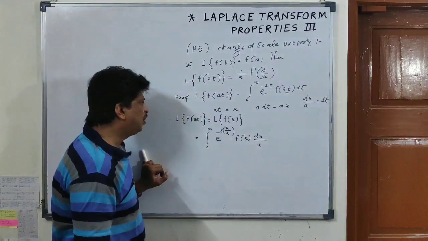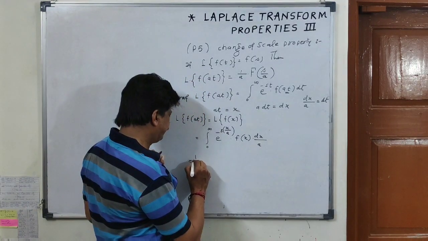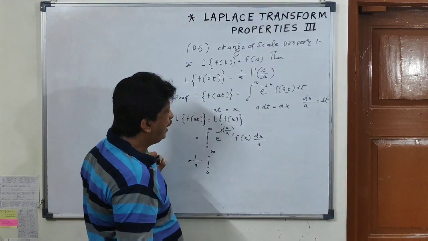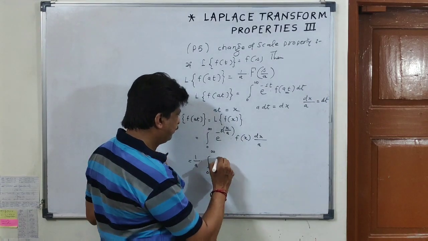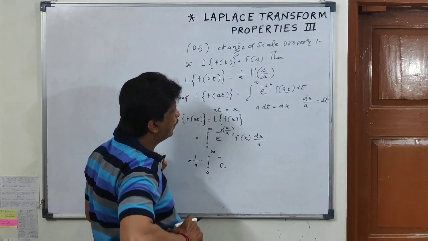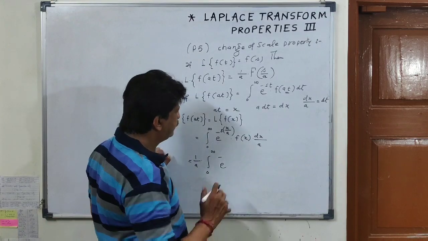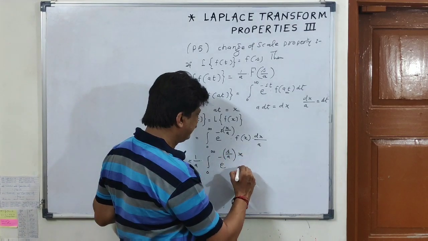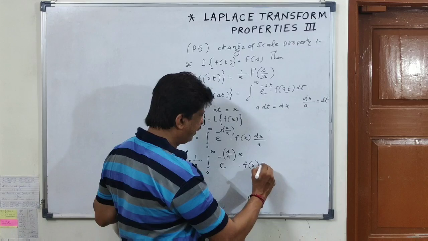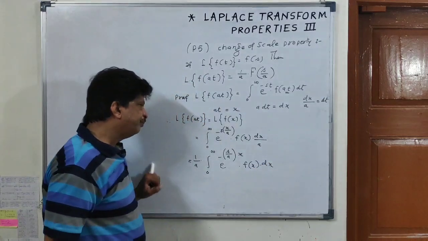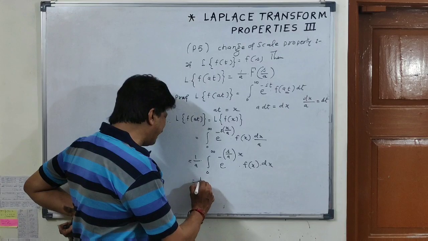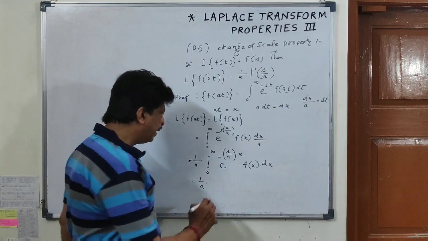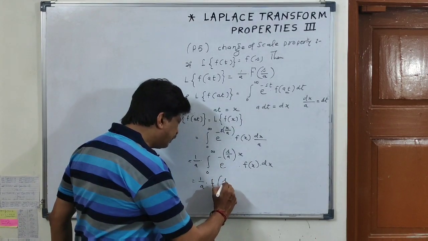So that is equal to 1 by a times integral 0 to infinity e raised to power minus s by a times x into f of x into dx. That is nothing but 1 by a times, and this integral can be written as f of s by a.